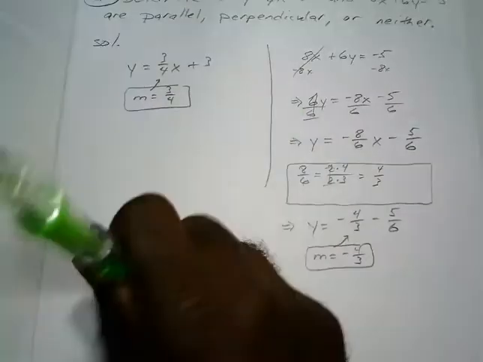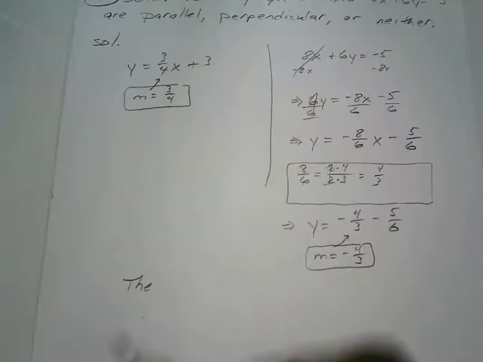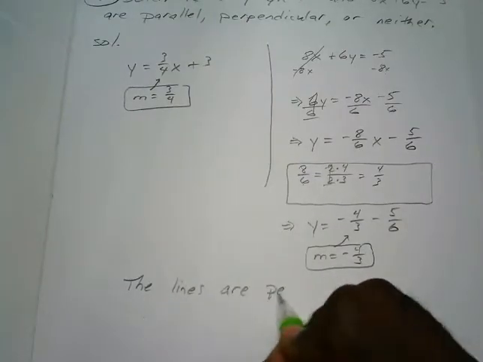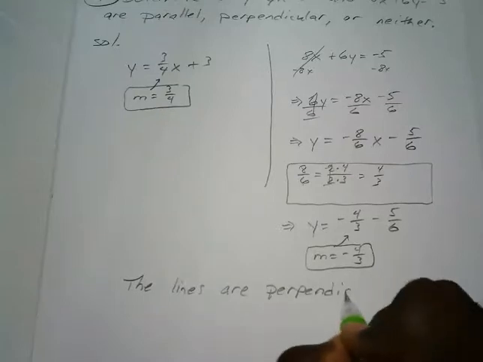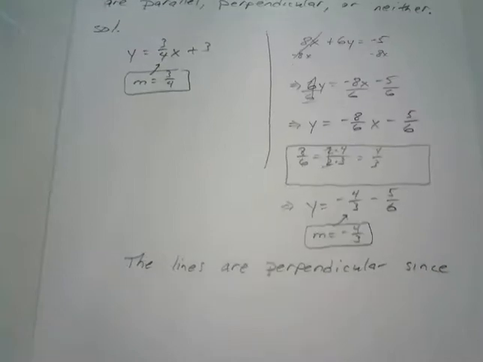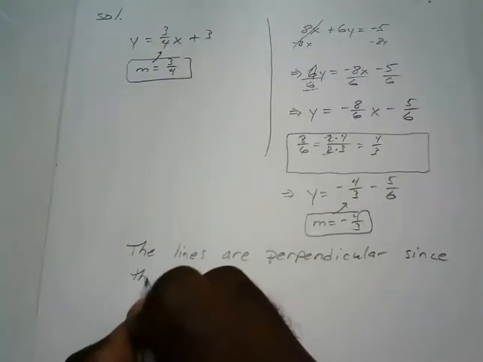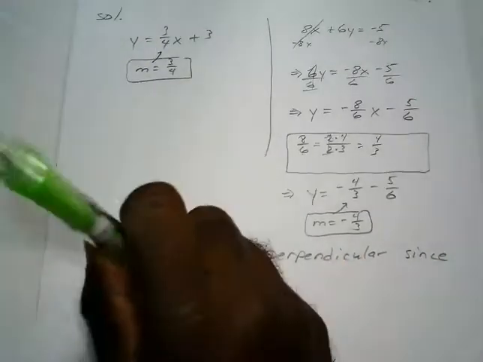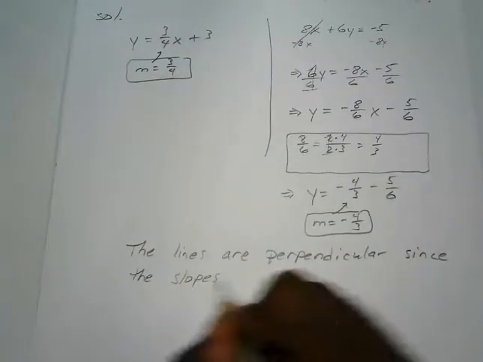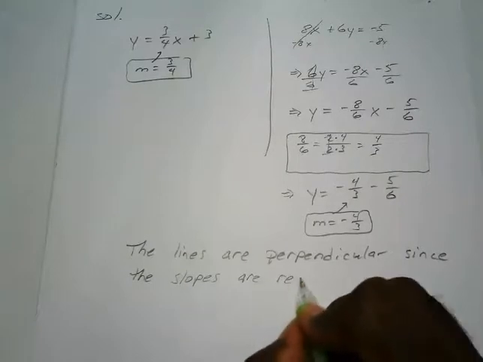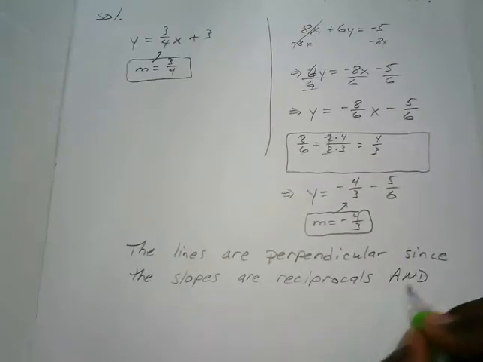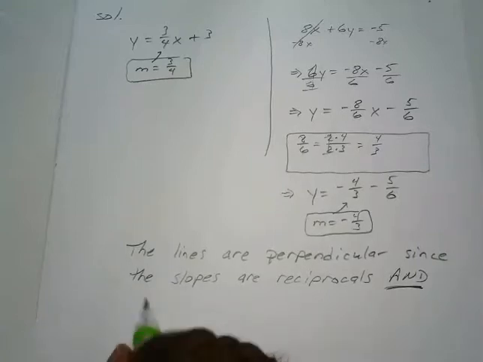So the lines are perpendicular since the slopes are reciprocals, and that's the key, both of these have to be true.